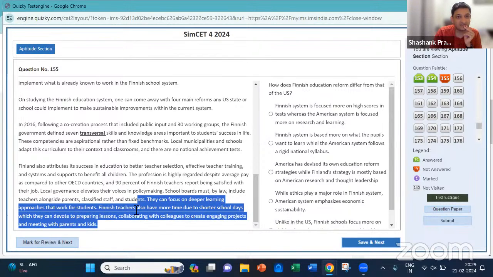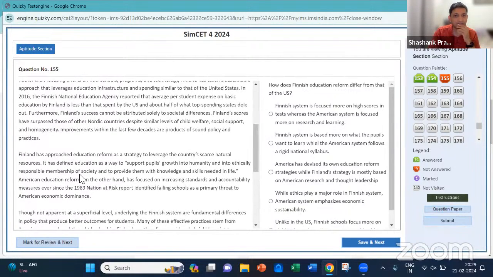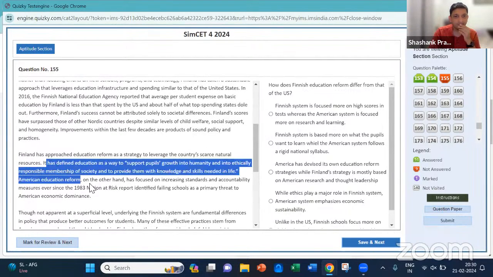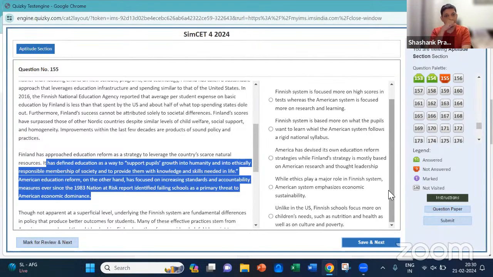They can focus on deeper learning approaches that work for students by law include teachers alongside parents, classified staff, and students. One I can think is this one, right? Standards and accountability measures. This is absolutely spot on. So we are saying that support pupils' growth into humanity and into ethically responsible membership of society. And increasing standards and accountability there.